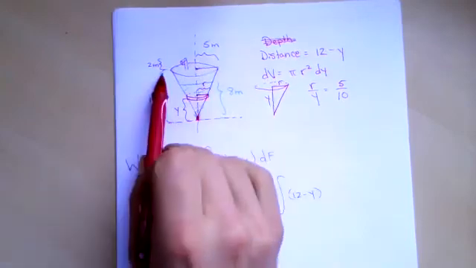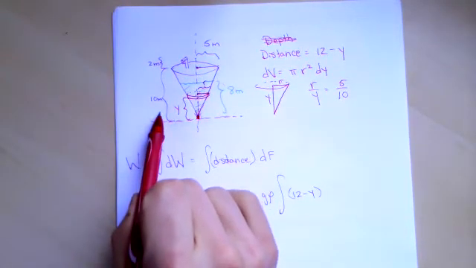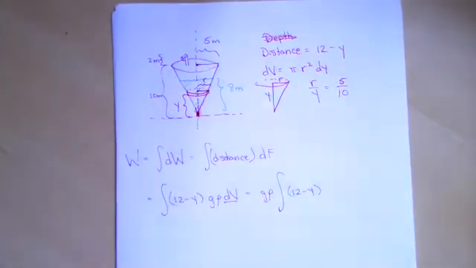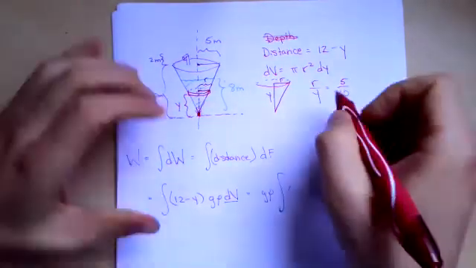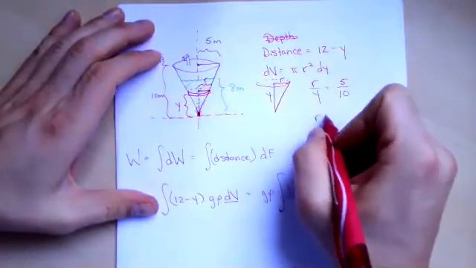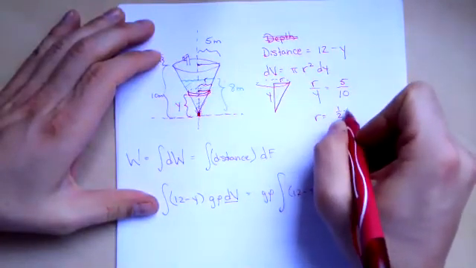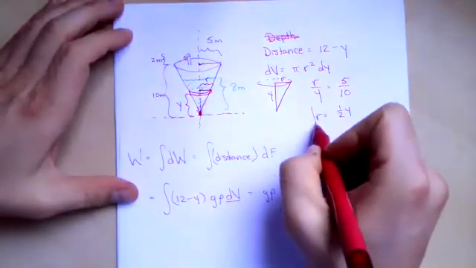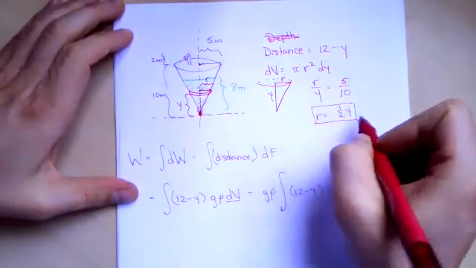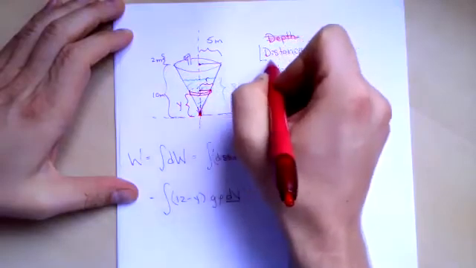It's only that 5 and that 10 that determine the radius and height ratio. So we keep that same ratio, and of course we find that r is going to be 1/2 y. And so that's our last piece that we needed there.